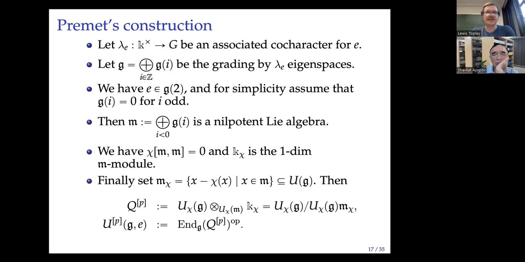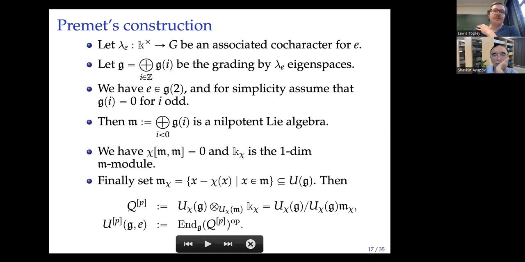So we need an integer grading. But there is a replacement for this ad H in characteristic p, which is a co-character of your group. So this is just a homomorphism of algebraic groups from K star into G. And it really plays the role of ad H as in characteristic 0.